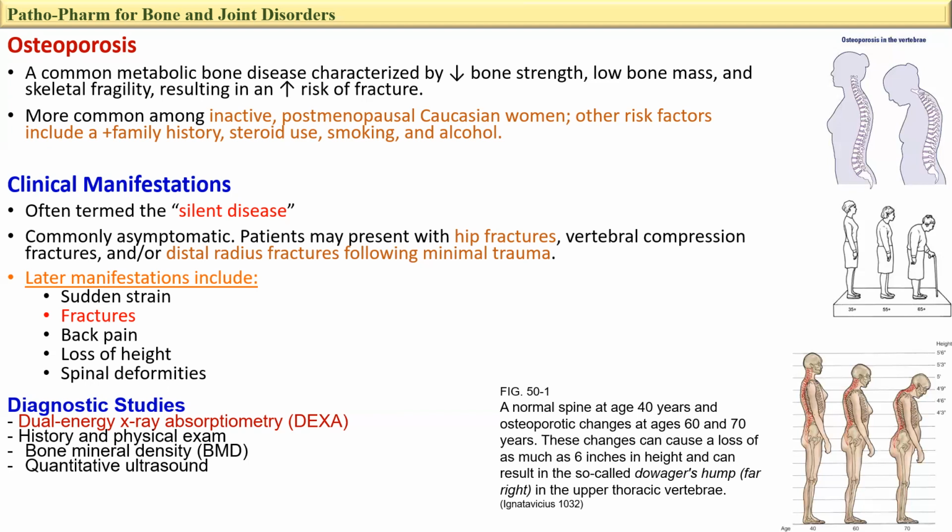Based on the T-score, we can determine the level of involvement of this disease, in terms that we can say that the patient has normal bone, no osteoporosis, or the patient has a low bone density or osteopenia, or the patient has osteoporosis or severe osteoporosis.